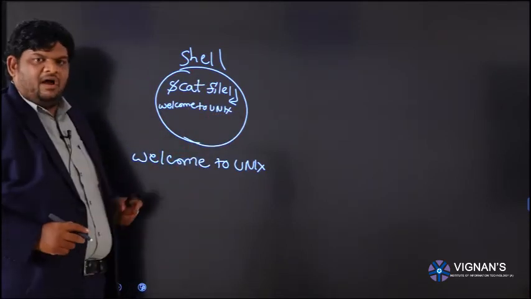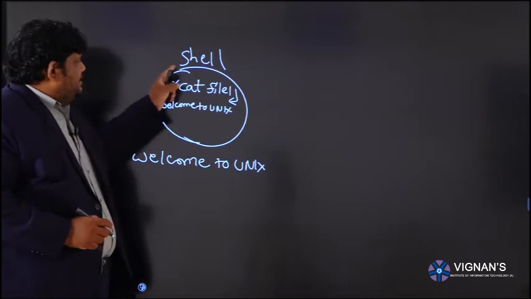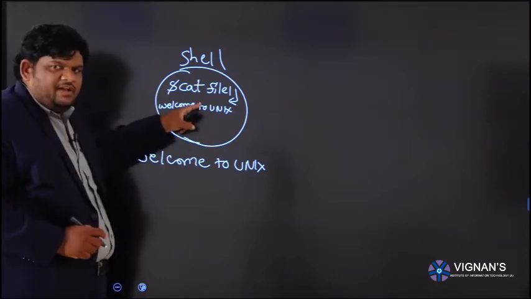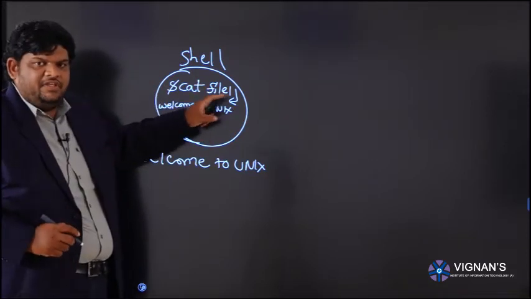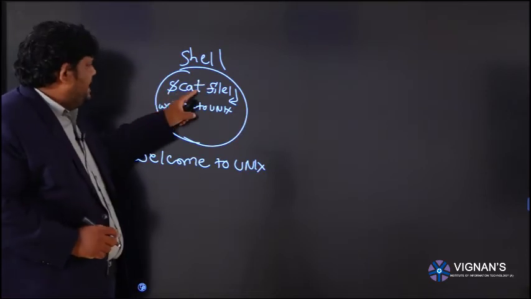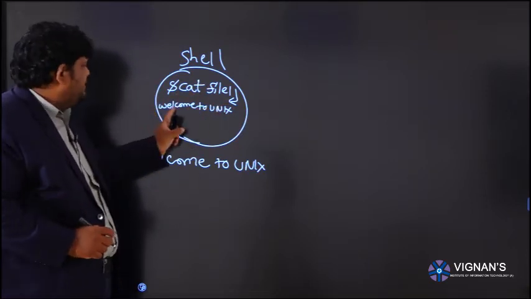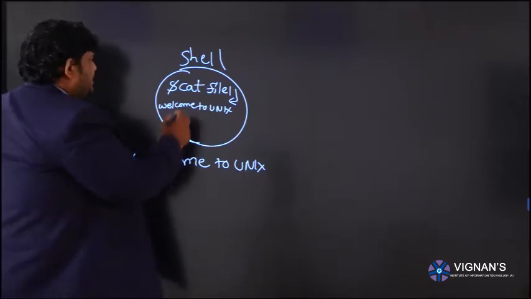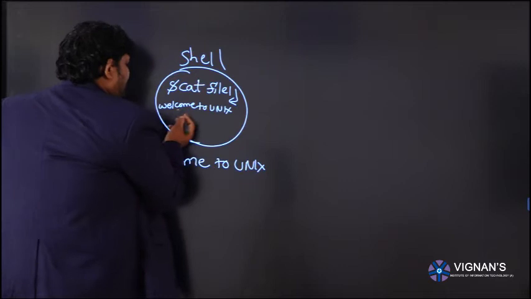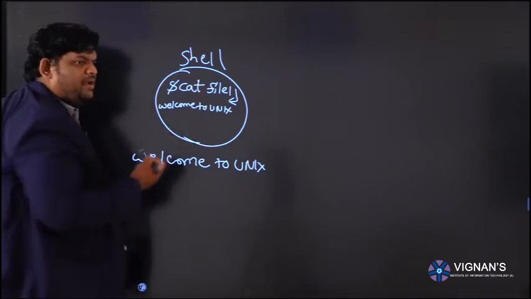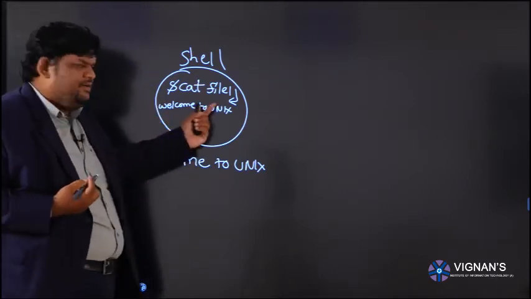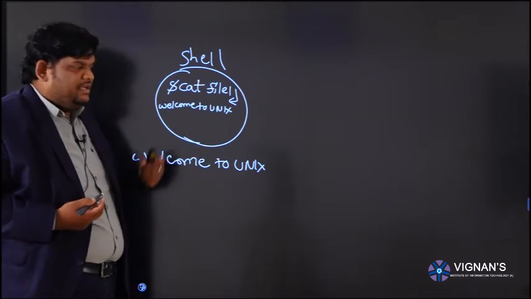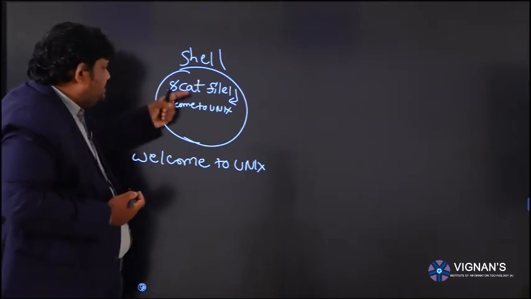How is this happening? This is the third layer of the Unix structure. Here we are typing cat space file1, enter, and the content of file1 is welcome to Unix. The output is in human readable format, which we can easily read. Internally, the shell interprets.